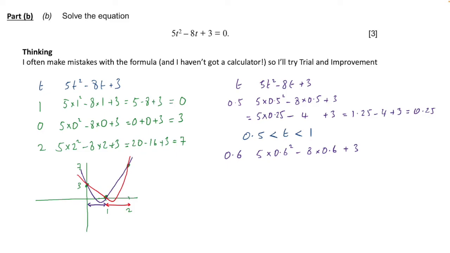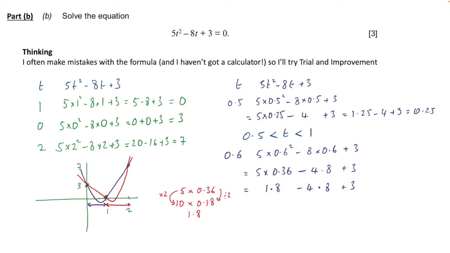So we've got 5 times 0.6 squared, take away 8 times 0.6 plus 3, and that equals 5 times 0.36, take away 4.8, 8 6s are 48, so we get 4.8, plus the 3. Now 5 times 0.36, there's a neat way of doing that. We could double the 5 and half the 0.36 without changing the multiplication. That gives us 10 times 0.18, which gives us 1.8.